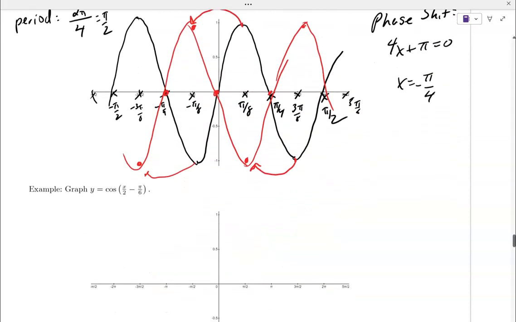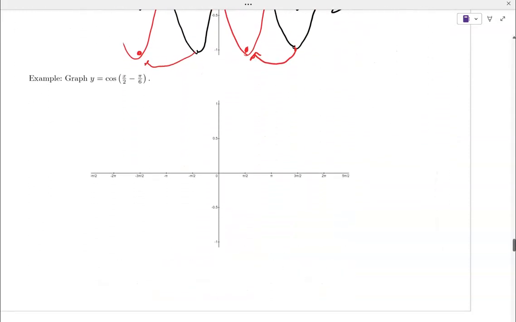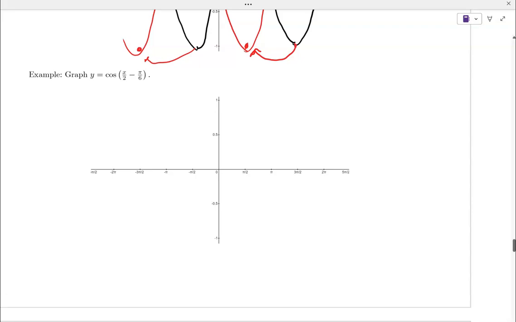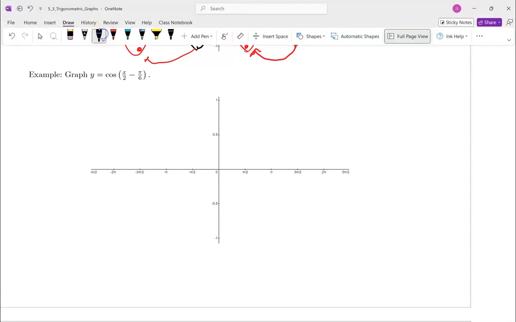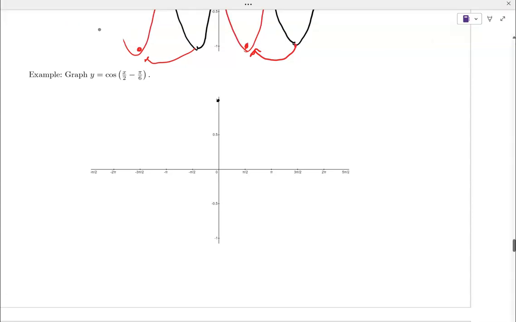We can do the same thing for cosine. Cosine, again, if I think of the y-axis as the starting line, where does it start? 1. It starts up here, goes down to negative 1 at pi over 2, back up at 3 pi over 2, 2 pi.